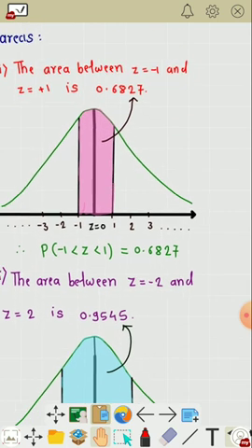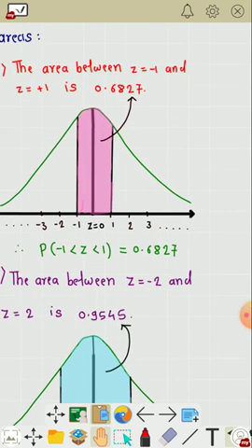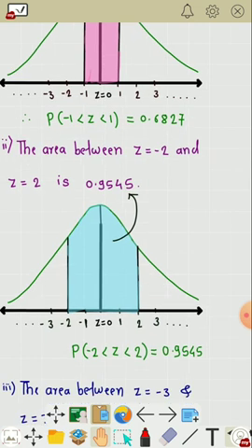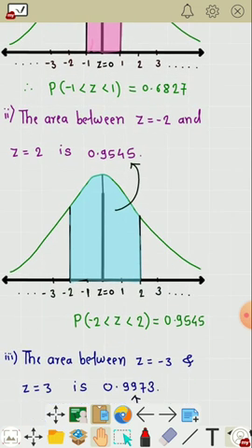Therefore we can find the probability of variable from -1 to 1, which is same as the area from z equal to -1 to z is equal to 1, and that area is 0.6827.